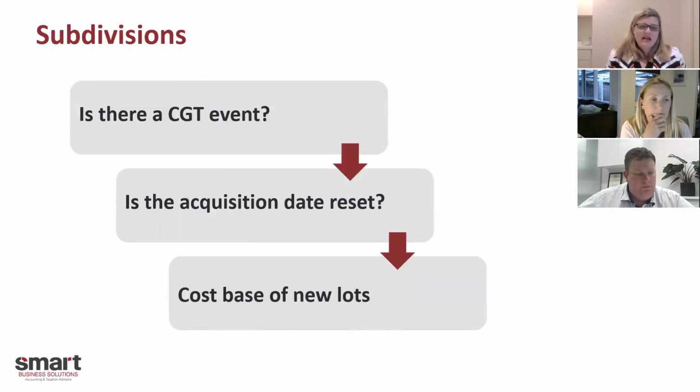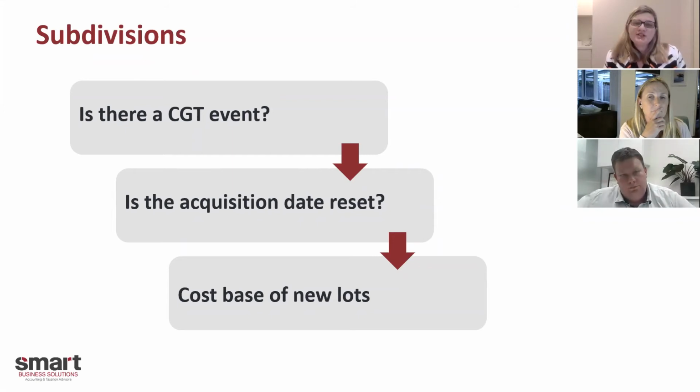So when you're looking at subdivisions and going through that process, you need to be thinking about whether there is a capital gains tax event when you're going through the subdivision. Now, one thing to point out is that a subdivision of the land itself does not necessarily trigger a capital gains tax event. So if you own that land and you subdivide it, that does not mean there's a capital gains tax event at that point.